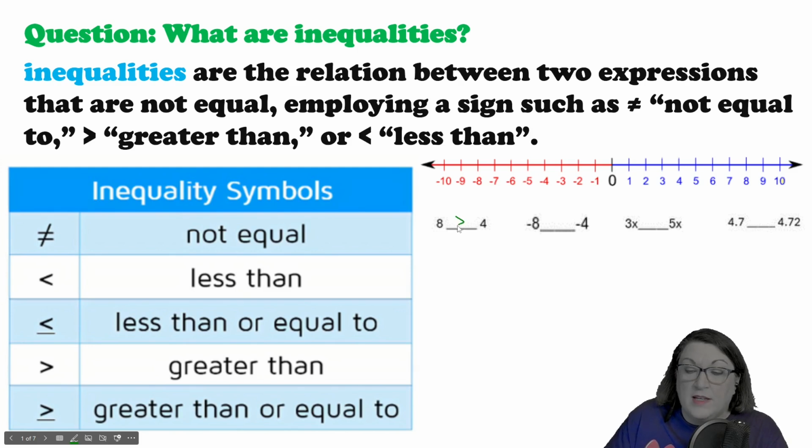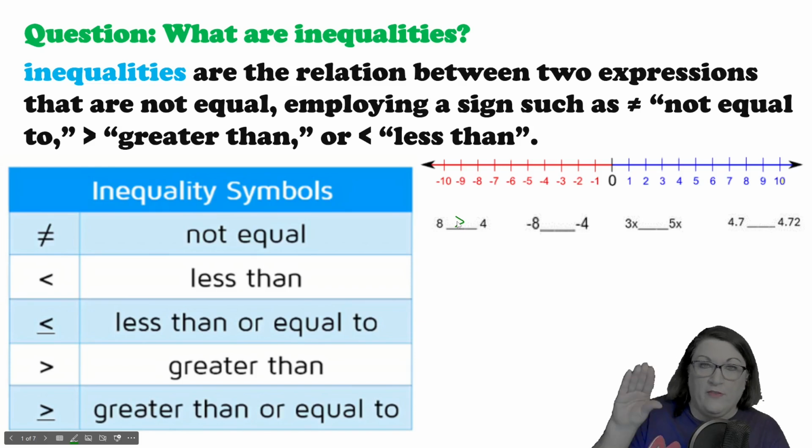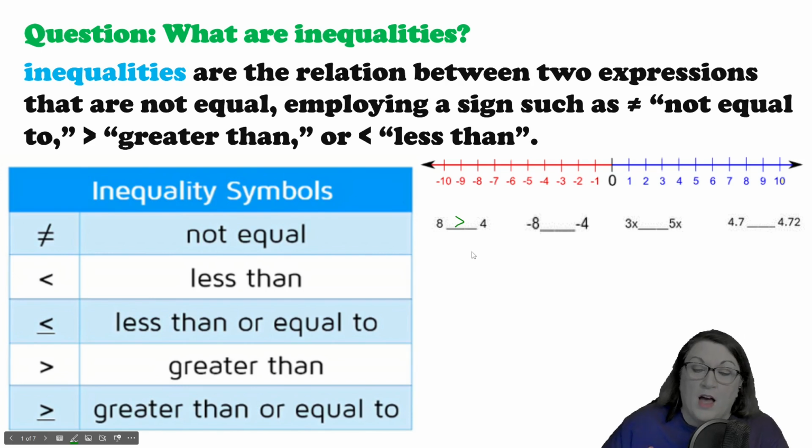And if you notice, the big open end, we call that like the opening of Pac-Man's mouth or the opening of a big crocodile. It's like it's open towards the bigger number. And then the pointy bit of the greater than symbol is pointing towards the smaller number.